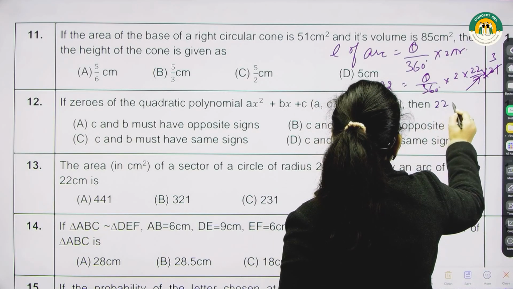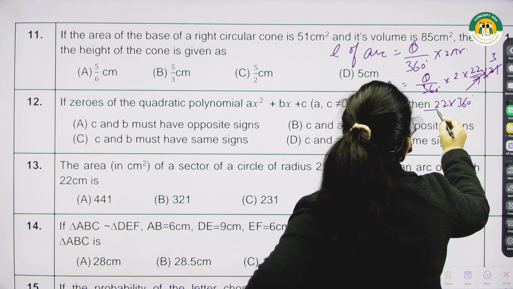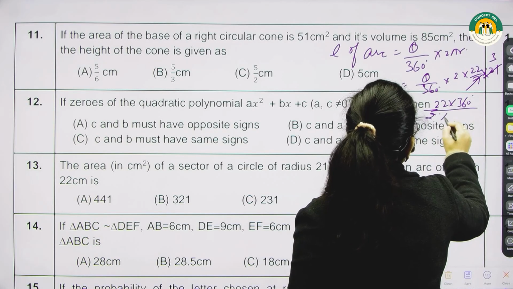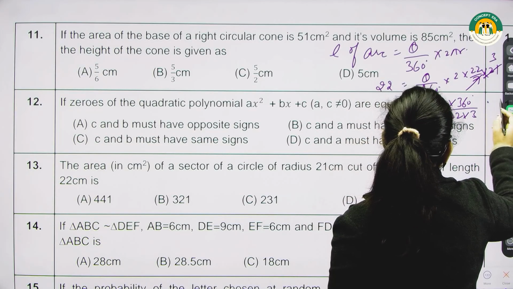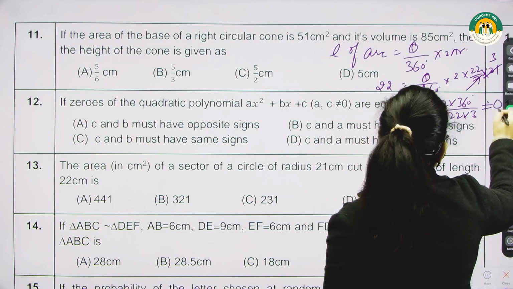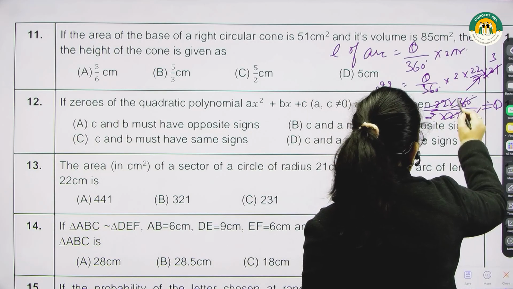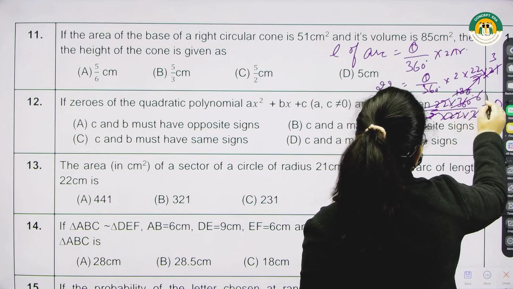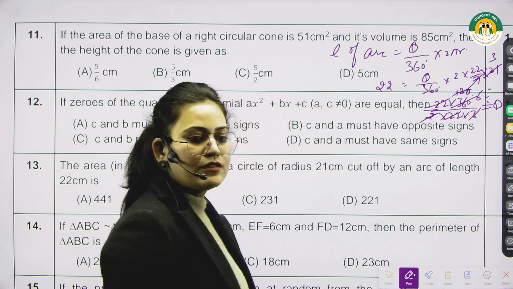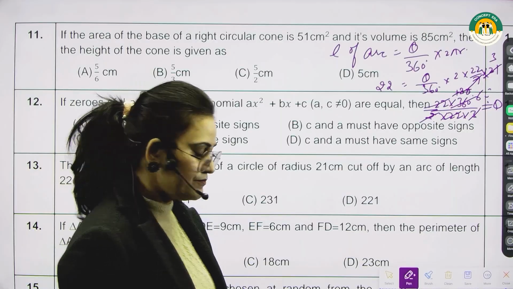So 22 into 360 degree upon 2 into 22 into 3 is equals to theta. 22 से 22 cancel. 3 1s are 3, 360... so from here we got the answer. We got the theta as 60 degree.